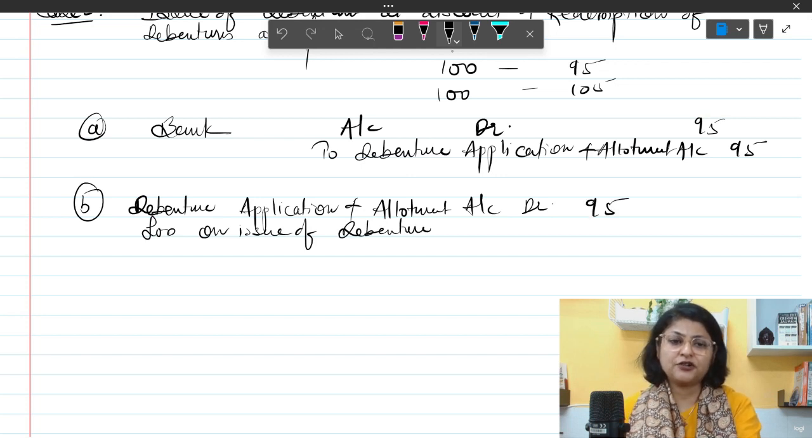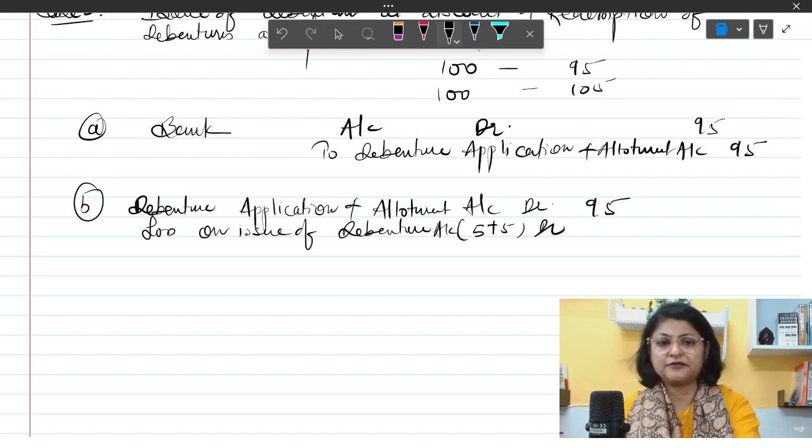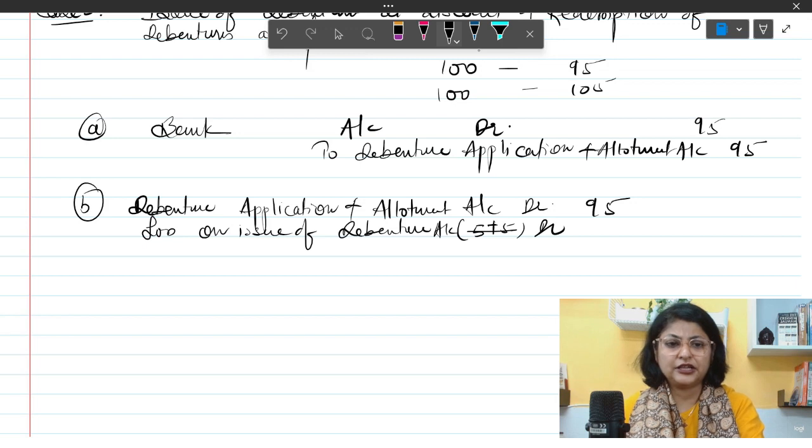Here you are going to write 95 and here you are going to write rupees 5 plus 5 account debit. 5 plus 5, I will have to write here 10 rupees, and this 10 rupees is 5 plus 5.